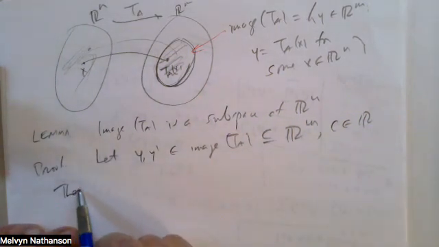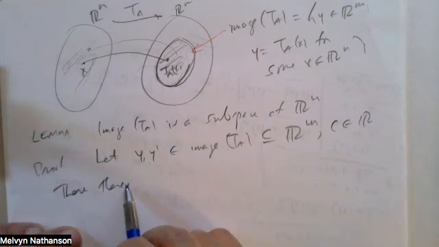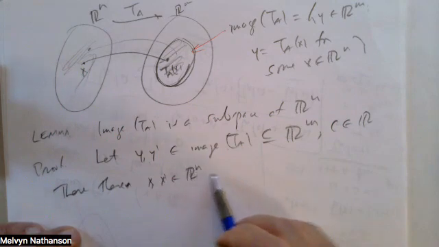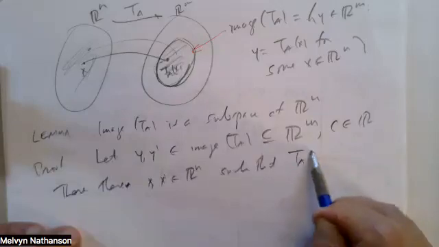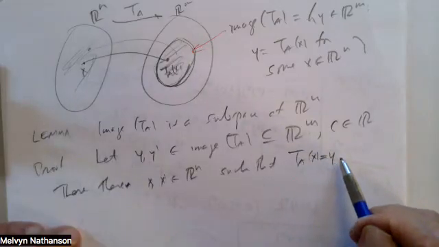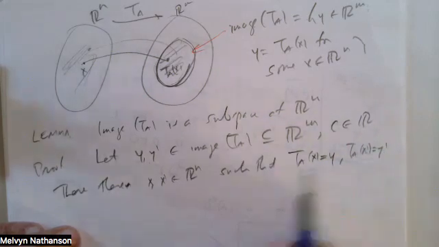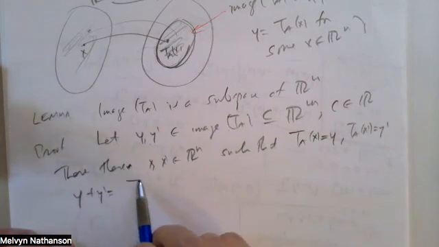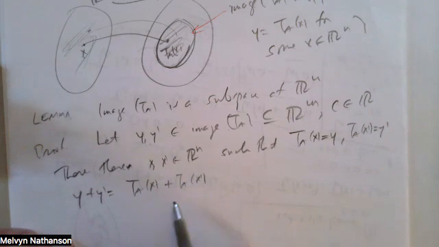So if these are in the image of T sub A, there exist vectors x and x prime back in Rn such that T sub A of x is equal to y, and T sub A of x prime is y prime. So y plus y prime is T sub A of x plus T sub A of x prime.